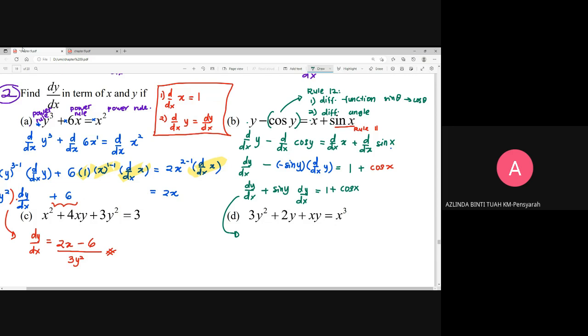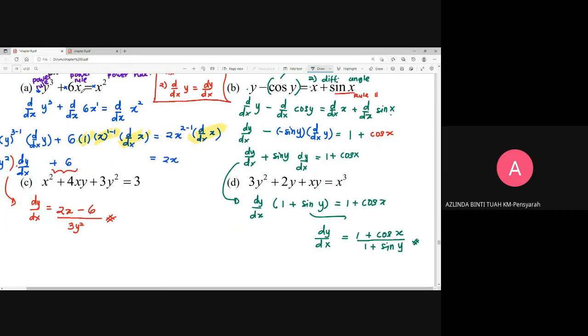We've done with the process. So factorize dy per dx, 1 plus sin y for the left hand side equals 1 plus cos x. Okay, so move this to the right and we've done. 1 plus sin y.